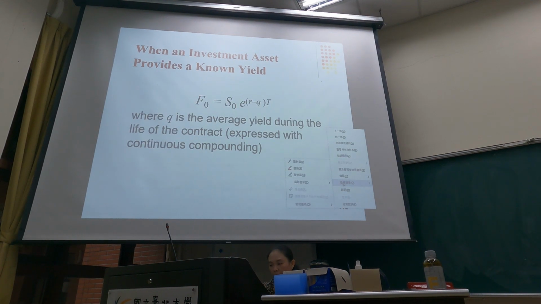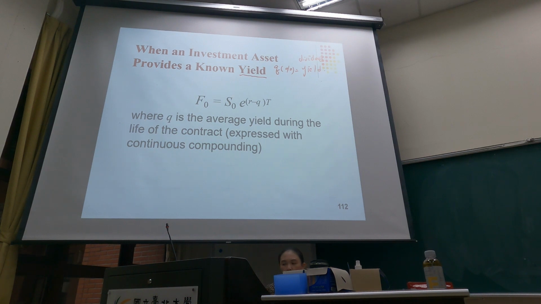So we know that if this income is in percentage, that means yields, Q in yields, okay? For instance, dividend yields, right? In the stock market, a lot of the time when they issue the dividend, it is announced in percentage.